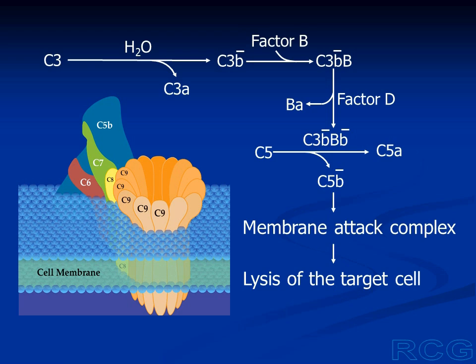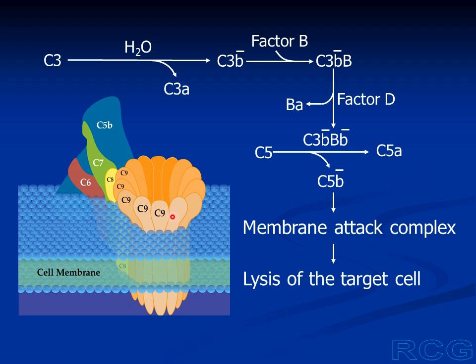Then complements 6, 7 and 8 are attracted. Membrane attack unit is formed. Membrane attack unit made up of C5b, C6, C7, C8 is inserted in the cell membrane.